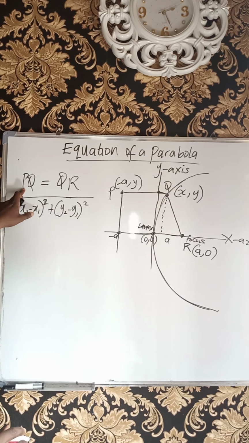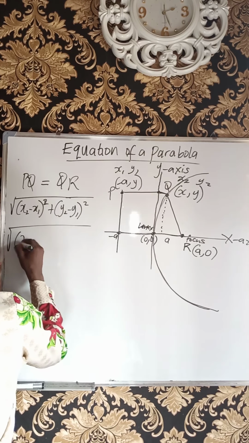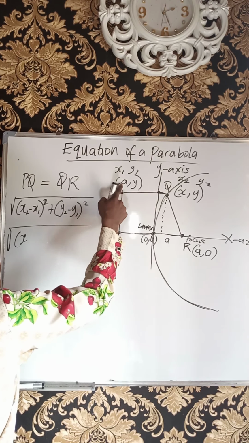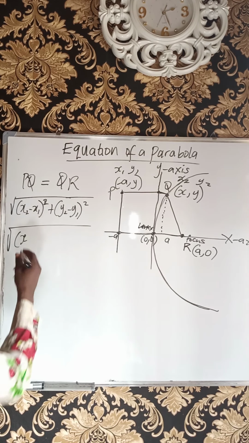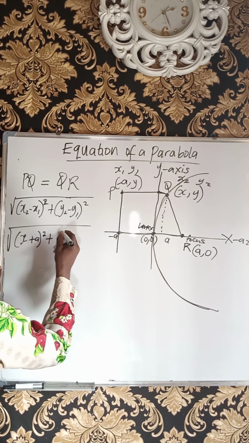We now put in the formula to now be square root of our x2 is x minus x1. x1 is negative a, so negative negative is positive, all squared, plus y2, my y2 is y, minus my y1 is y also, all squared.